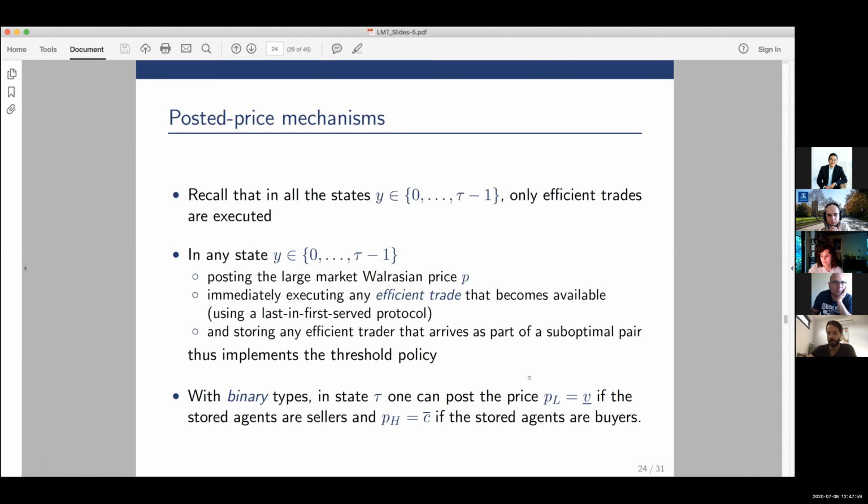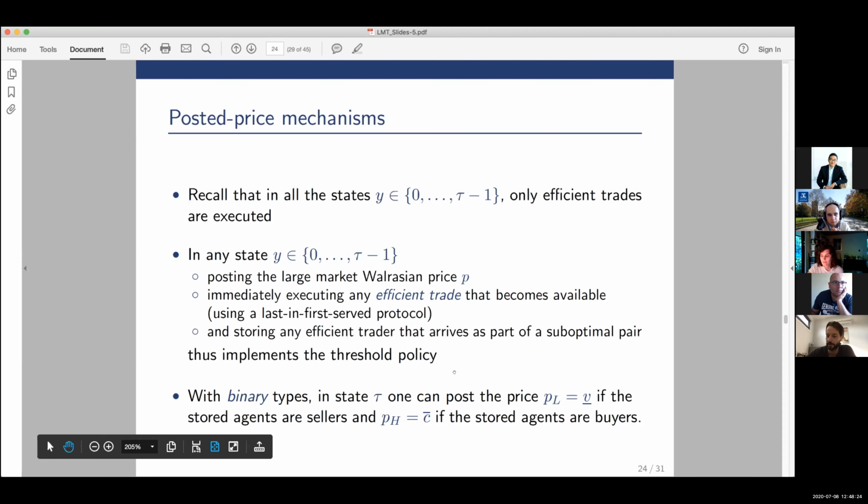Then you set a low price PL to make sure that even the low type buyer wants to buy. And if the stored agents are buyers, then you're going to set a high price to make sure that the arriving seller wants to trade, even if he's of a high type.